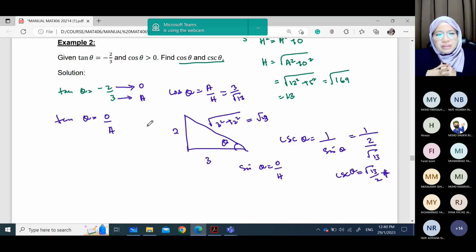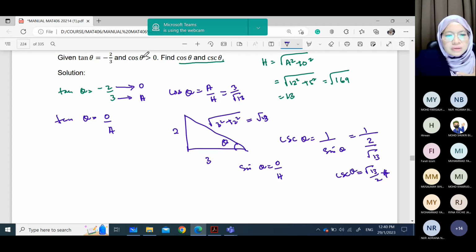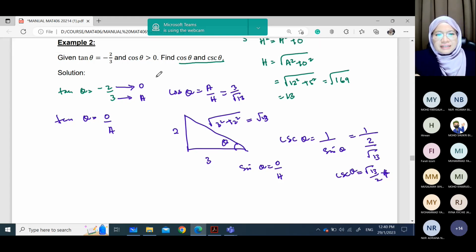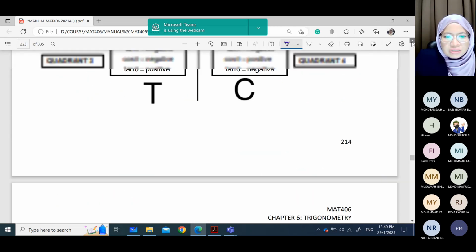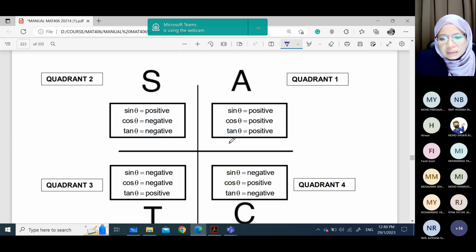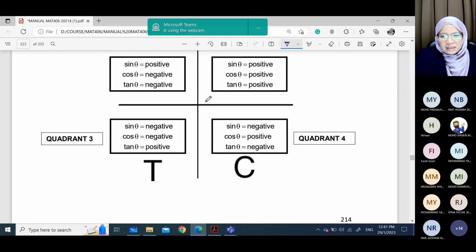So kalau untuk konteks yang ni, kita ambil yang positif lah, sebab dia kata cosine theta is a positive. So maknanya dia punya angle pada positive side. Kita tengok yang jadual tadi tu. Cosine positif maknanya dia punya angle pada quadrant yang keempat. Di sinilah dia punya angle dia.